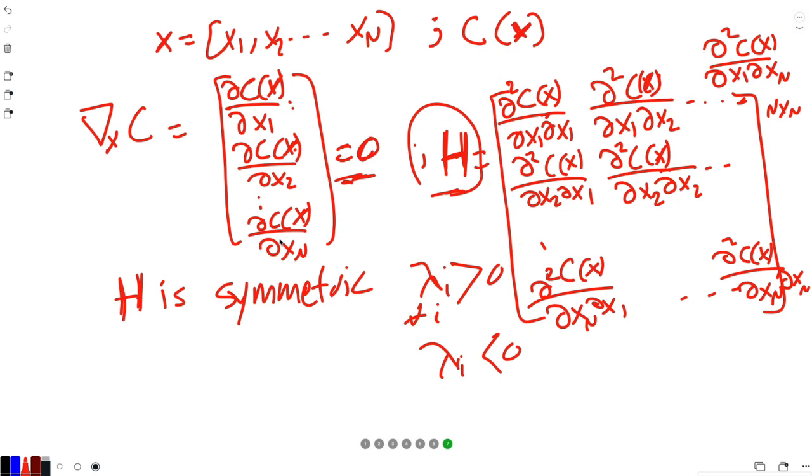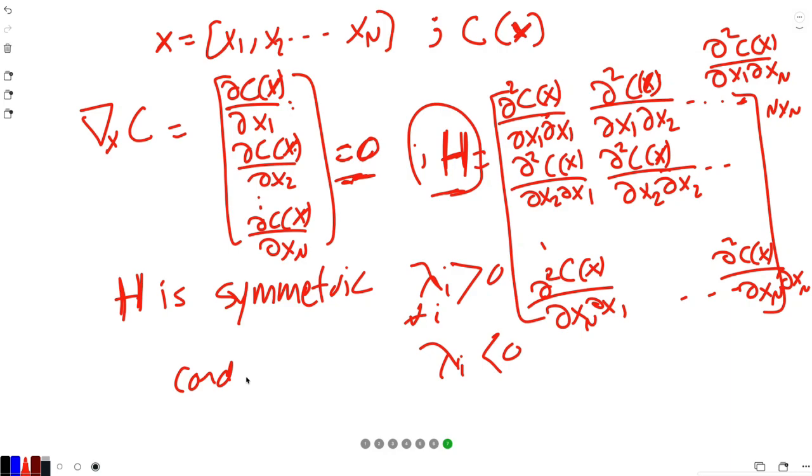So the cost function can have a saddle point, and it can be a maximum with respect to some parameters and a minimum at the same time with respect to other parameters. We can check this by checking the eigenvalues of the Hessian matrix, and also the condition number of the Hessian matrix. It will give us some indication about the convergence rate of our iterative algorithms to find the optimum solution.